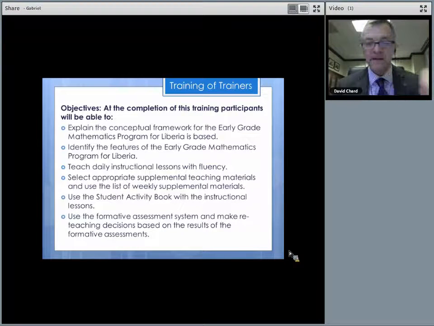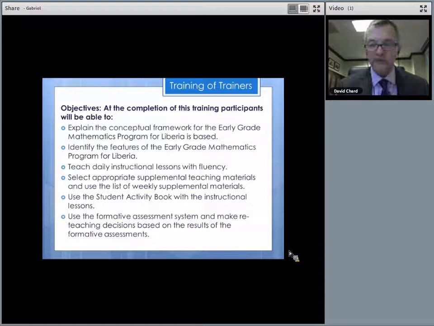So a lot of descriptions and modeled lessons, done primarily by the LTTP team or a group of master teachers in Liberia. And at the end of each day, we had a period for reporting back, and then giving them an assignment to go home and prepare for the next day.